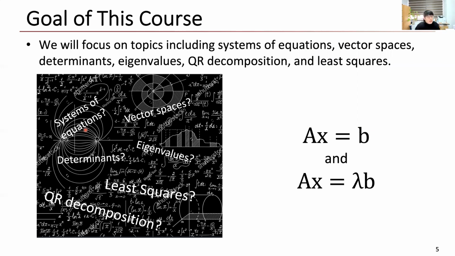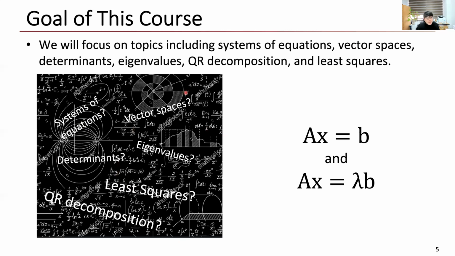Anyway, during this semester, we will see many kinds of concepts, as I mentioned before: systems of equations, vector spaces, eigenvalues, QR decomposition. It looks quite different and difficult, right?